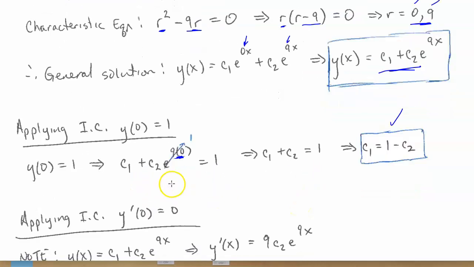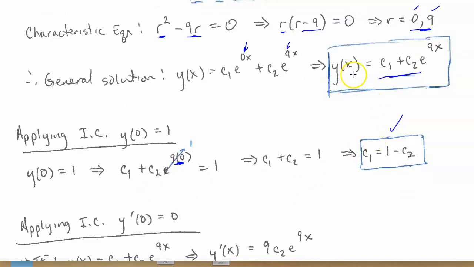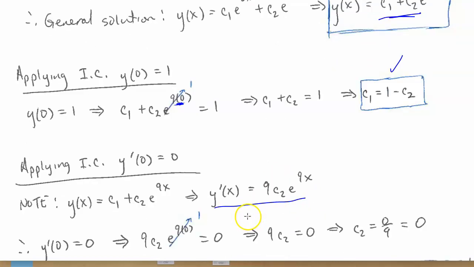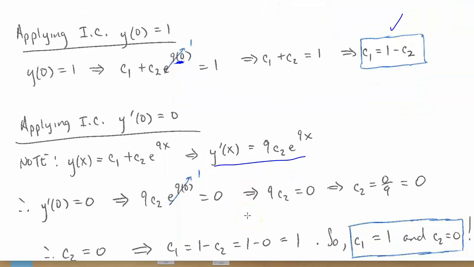Okay? Now, if we take the derivative of y of x, then of course you see here we end up just getting 9 times c2 times e raised to the 9x, and we let x equal 0 and let y prime of x equal 0. So of course that's kind of easy to figure out what c2 is going to be in that case. Ends up just being 0 once we work everything out.